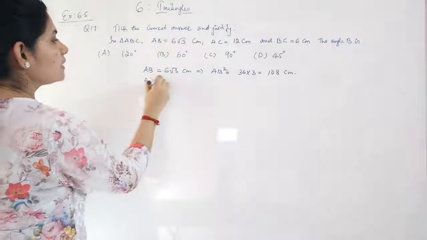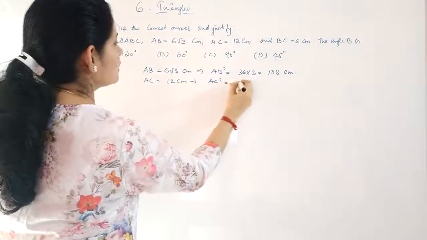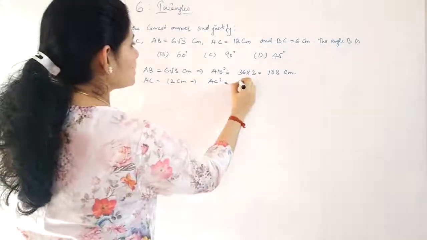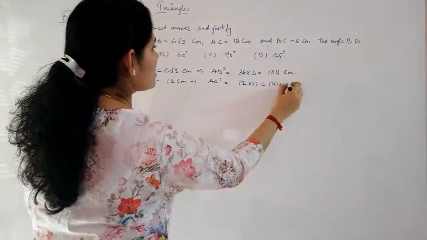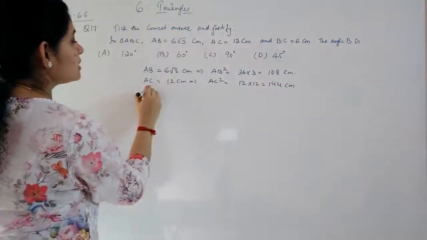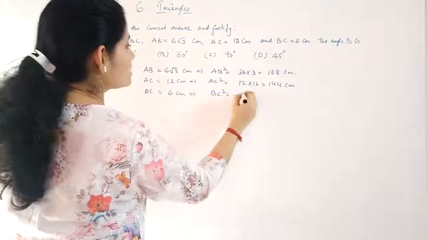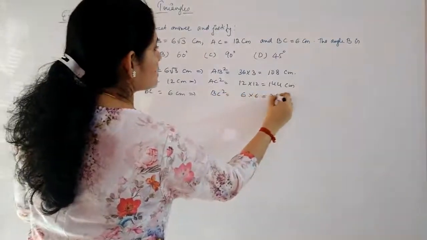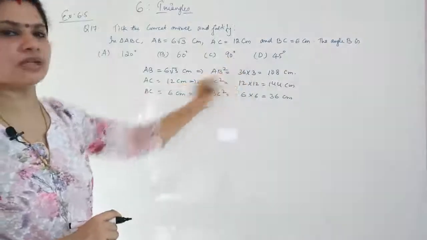Now AC is given to be 12 centimeter, which implies AC square is 12 square, 144. And since BC is 6 centimeter, you will get your BC square as 36.